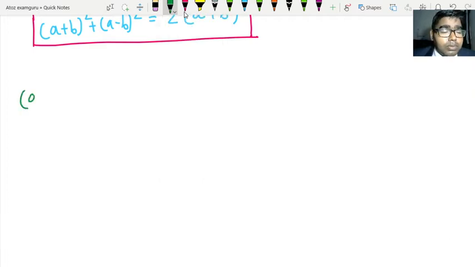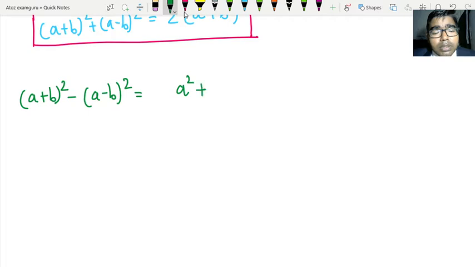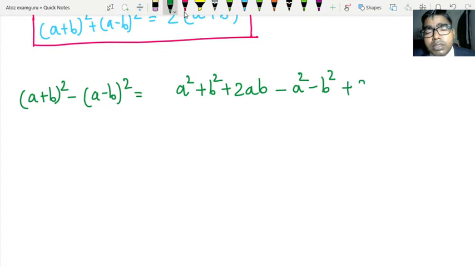So if a plus b whole square minus a minus b whole square, then it means a square plus b square plus 2ab, right friends? If you are going to subtract it, then it is minus a square and minus b square and plus 2ab. Then this and this will be cancelled out, right friends?